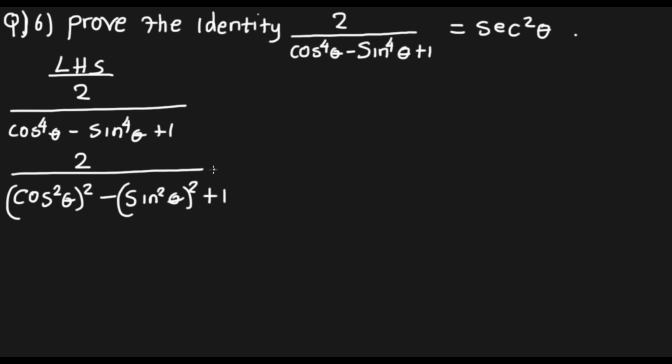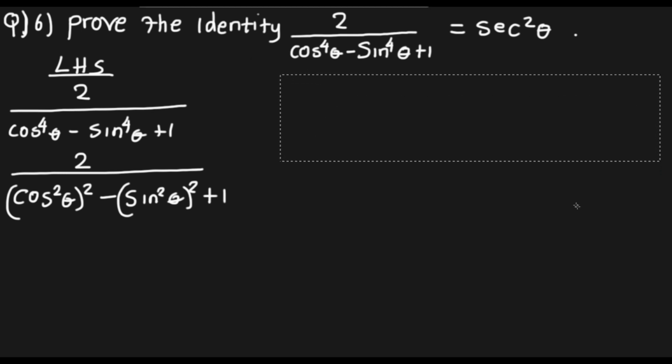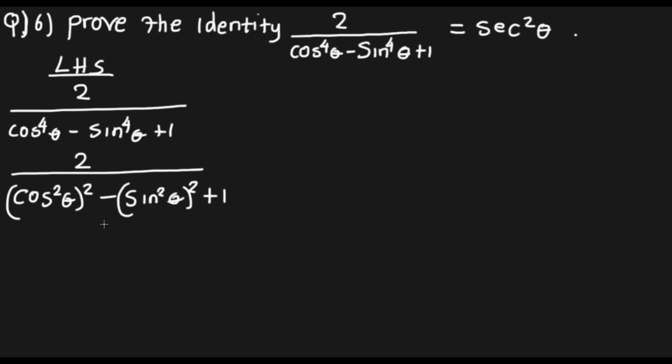Now at this point, we can factorize this side. We can use the difference of two squares, where if you have a squared minus b squared is equal to open brackets, you need to have two pairs of brackets. You put a, one must have a plus, minus b.